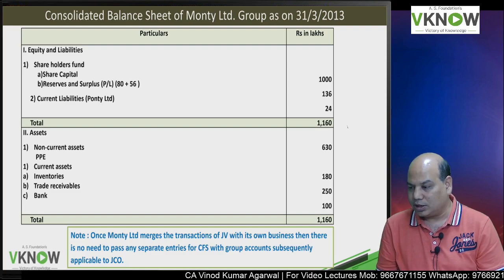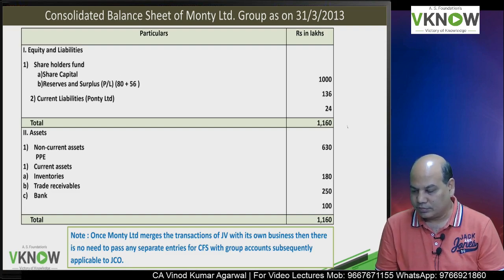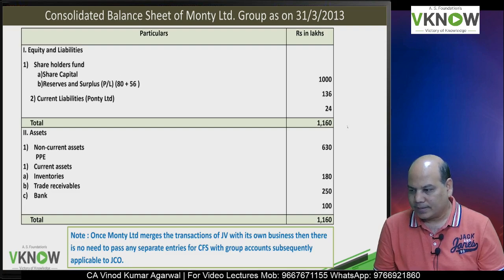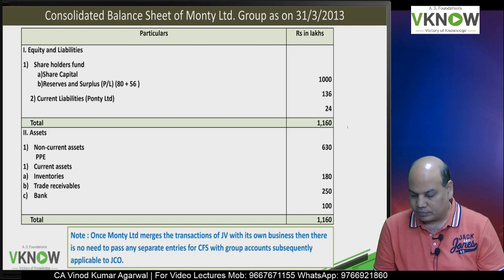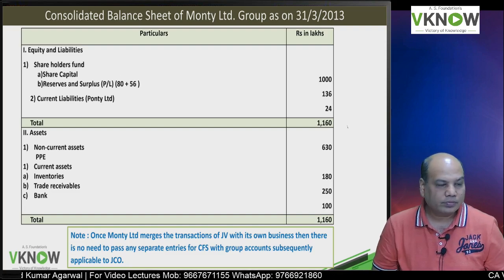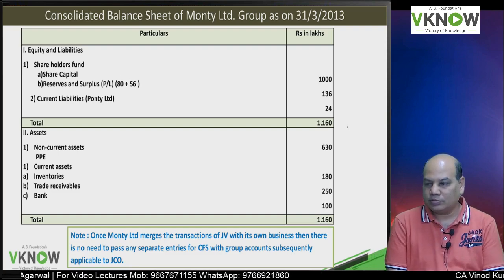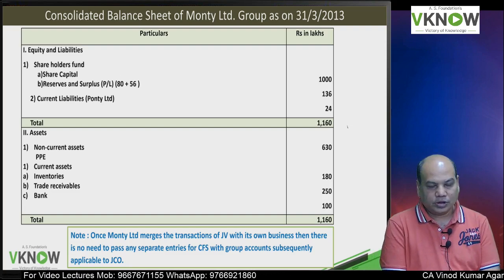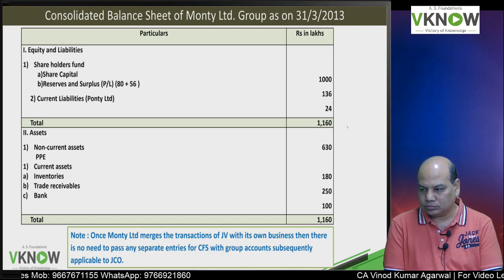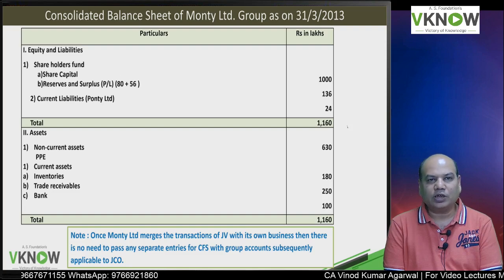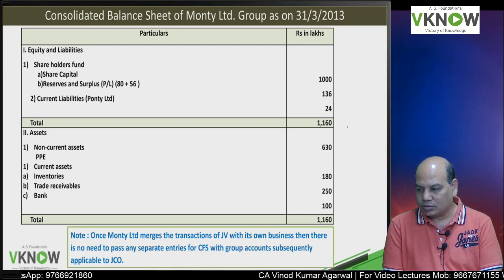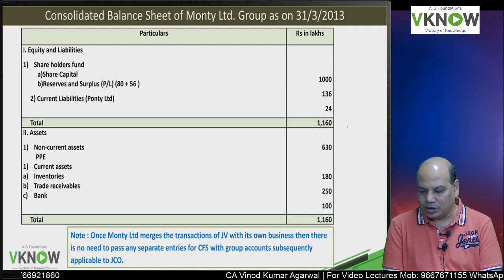Note: once Monty Limited merges the transaction of the joint venture with its own business, there is no need to pass any separate entries for CFS with group accounts subsequently applicable to JCO.